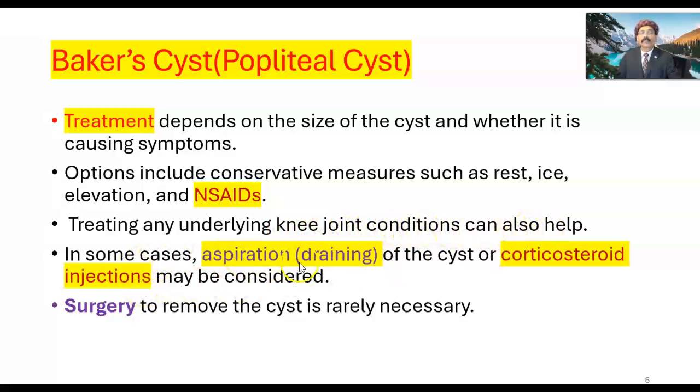In some cases, aspiration, draining of the cyst fluid, or corticosteroid injection may be considered. Surgery may be required on rare occasions to remove the cyst by arthroscopic or open cystectomy.